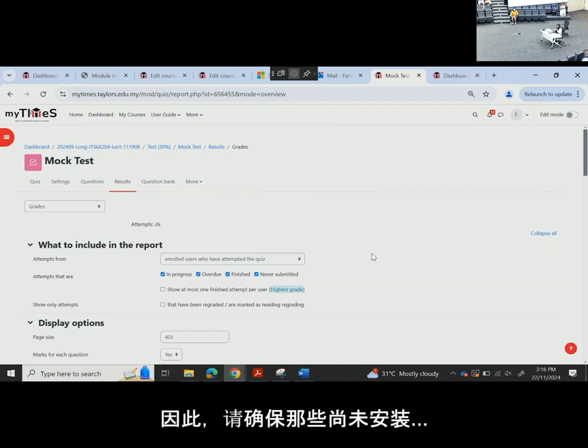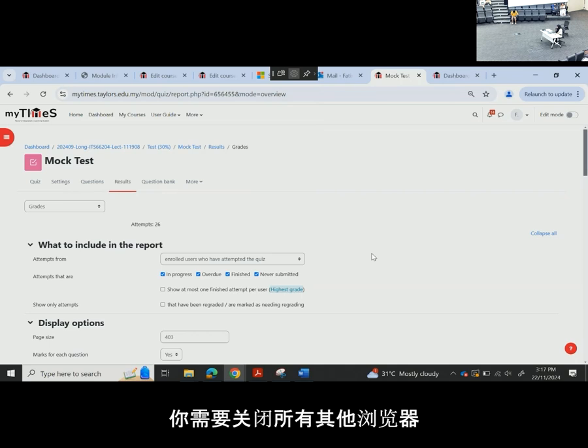So those who haven't installed, make sure that you download the browser configuration, everything, and install it before your midterm test. I will repeat: make sure you have it installed on the devices that you will use for the test beforehand. Otherwise, the installation might take a long time.